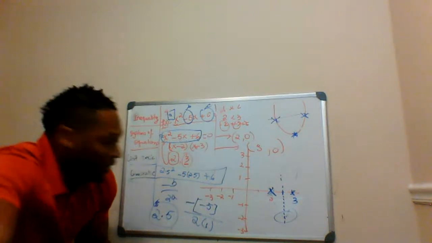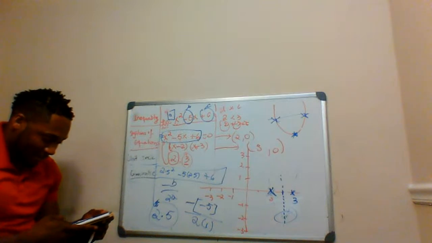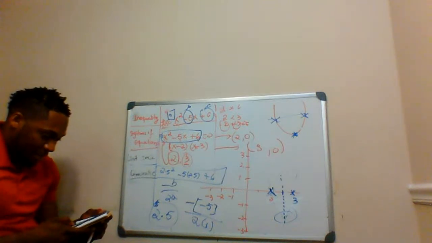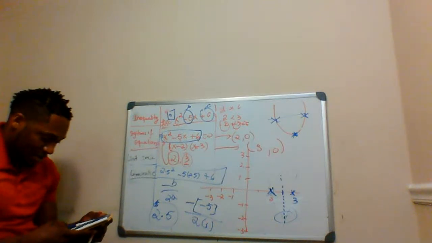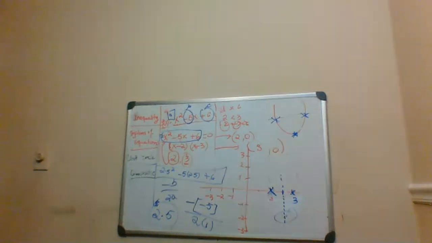Okay? So do it on the calculator. Let's see who has it first. Trying to get it done before me. 2.5 squared minus 5 times 2.5. Let me see if anyone has it before me. I'm going to give you a shout out. See if I can be your math teacher.